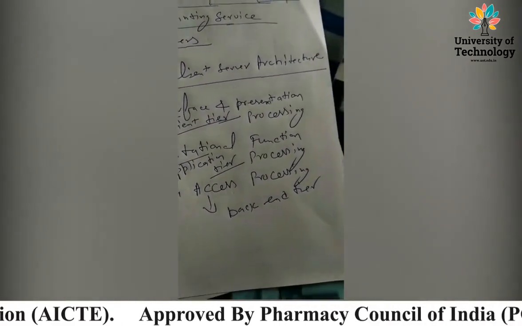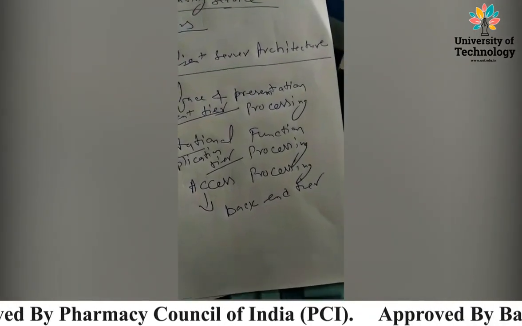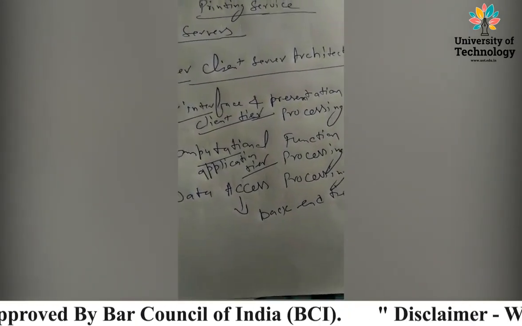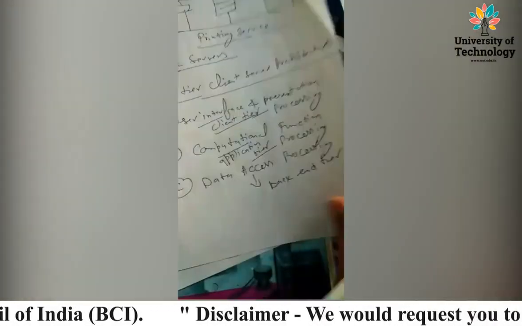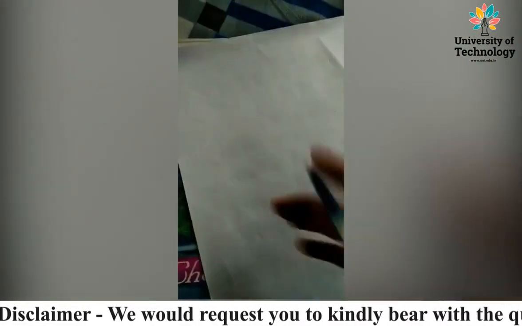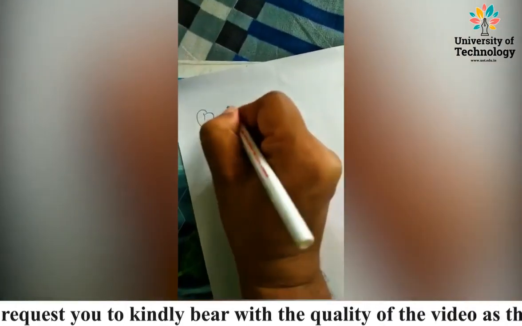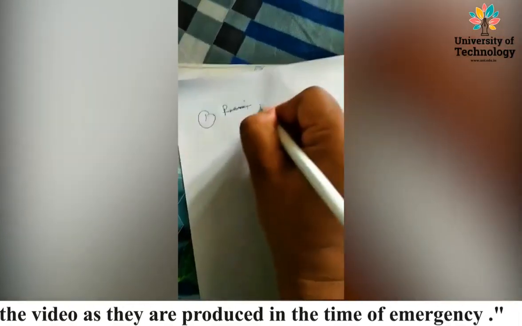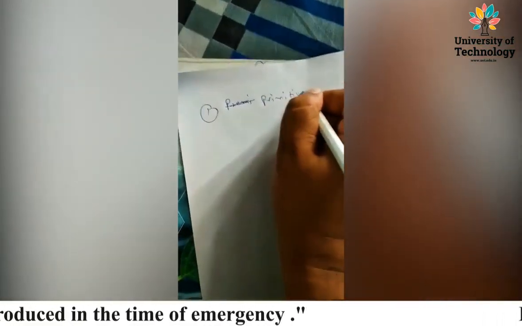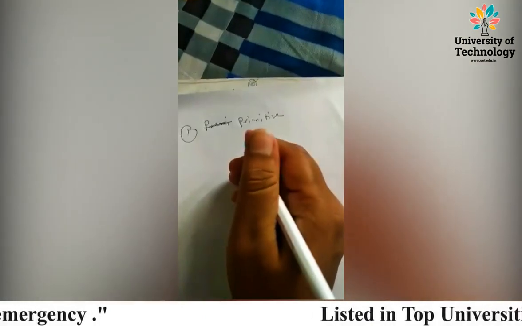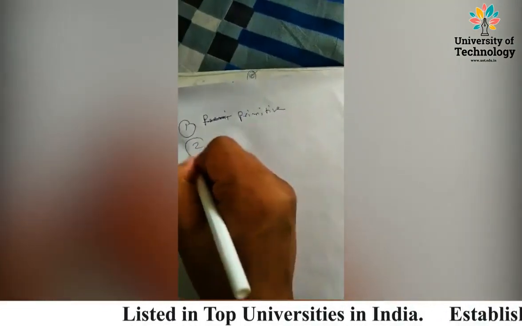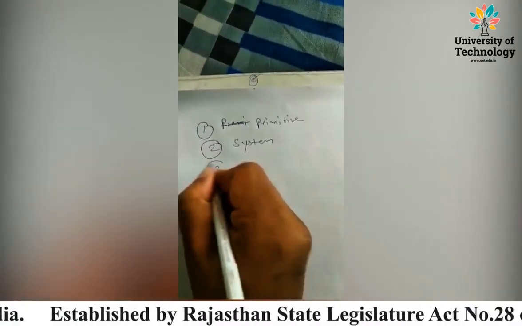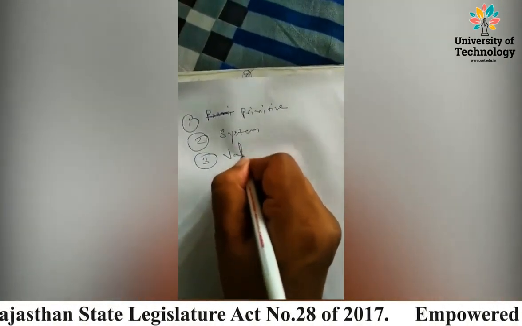Now, the client-server model as a service-oriented communication model. System services are grouped into three categories: first, primitive; second, system; and third, value added.